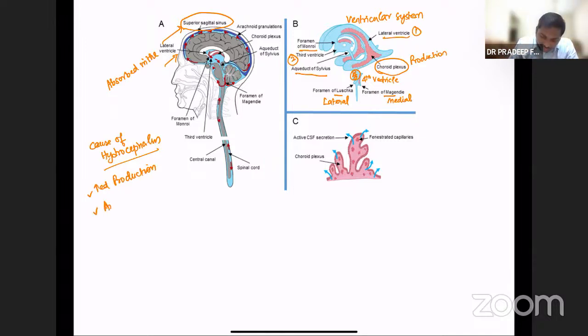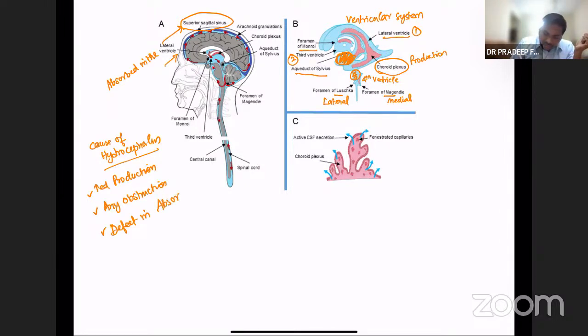Number one, any obstruction. Suppose there is a mass present here that is compressing the aqueduct of Sylvius, thereby causing enlargement of the third ventricle as well as the lateral ventricle. That is obstructive hydrocephalus. And finally, a defect in absorption.